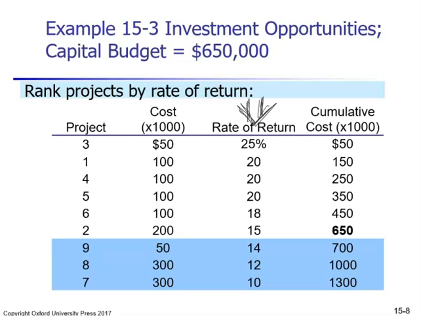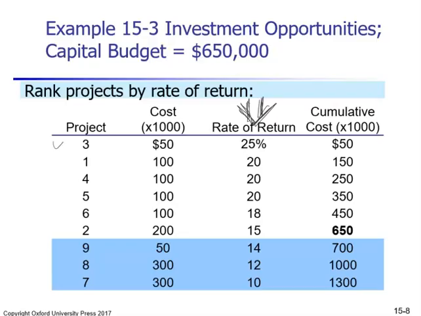It has happened to us a lot. We find an attractive opportunity, but we don't have enough fund to invest in that. But here, what is the cost? $50,000. $50,000, absolutely we can afford it because the total available budget that we have is $650,000.